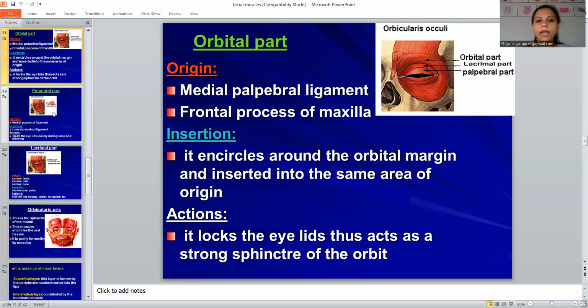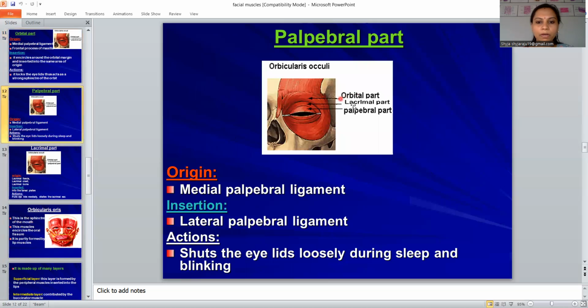Next is the palpebral part. You can see the palpebral part here, just inside the eyelid, in the skin of the eyelid. The palpebral part originates from the medial palpebral ligament and gets inserted into the lateral palpebral ligament. It shuts the eyelid loosely during sleep and it helps in blinking of the eye.